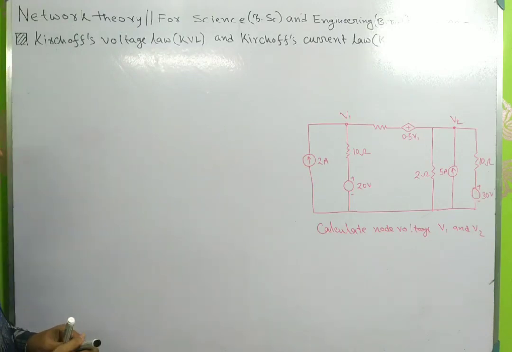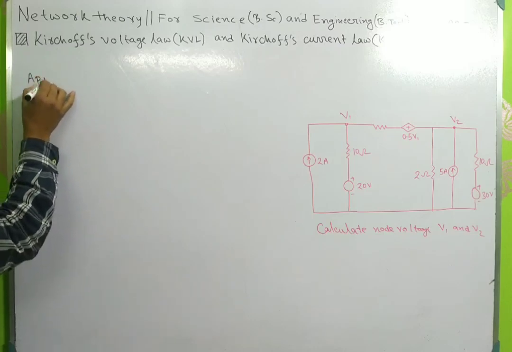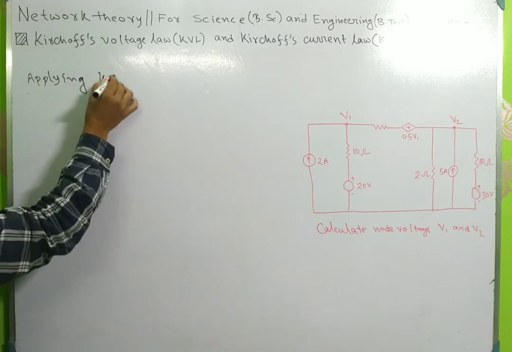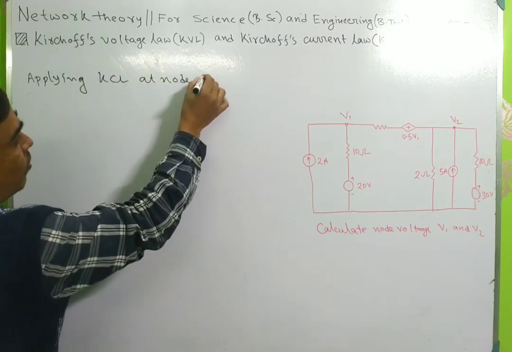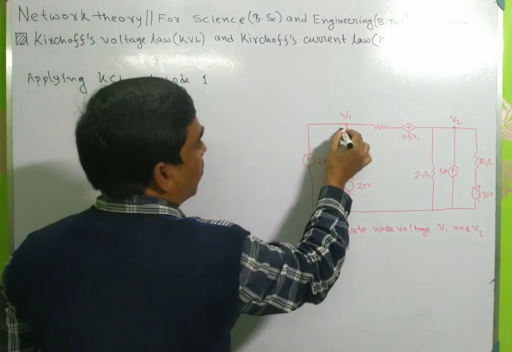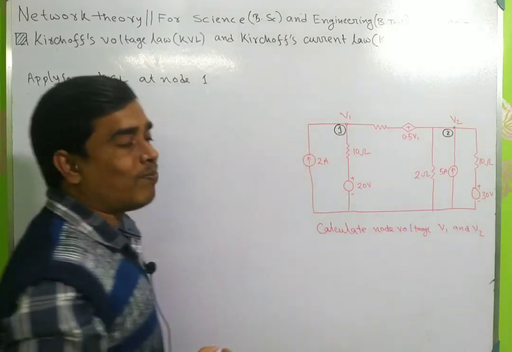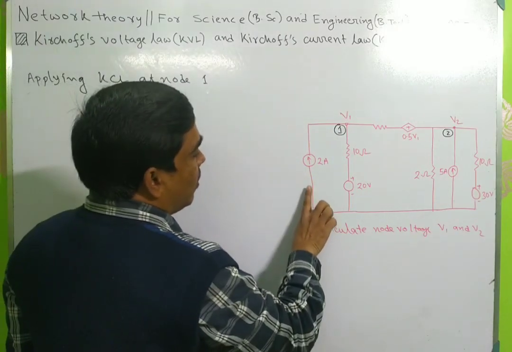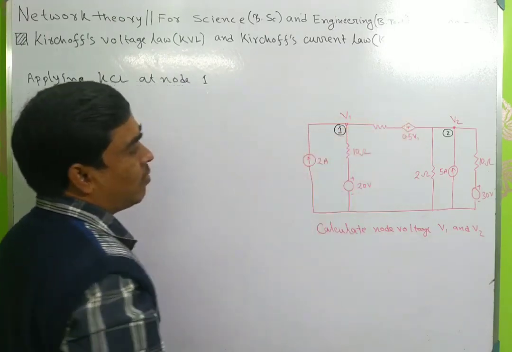So if I apply KCL at node 1, this is node 1, okay, and this is node number 2. So this is incoming current and this is outgoing current, this is outgoing current.